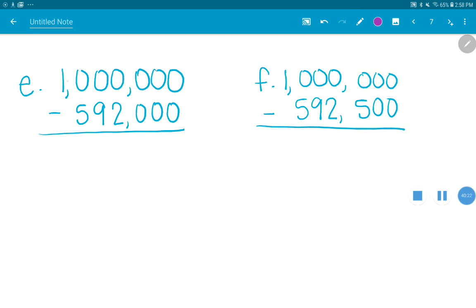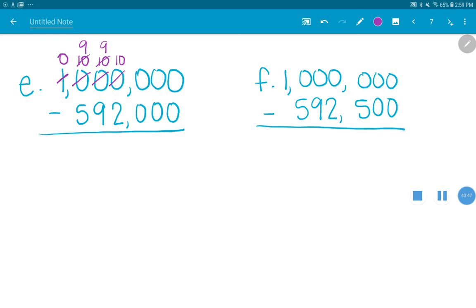No. And we've got to go all the way over to the millions place value. I'll trade 1 million for 10 hundred thousands. But then I'm going to have to take one of those 100,000s to give to my 10,000s. Take one of those 10,000s to give to my 1,000s.